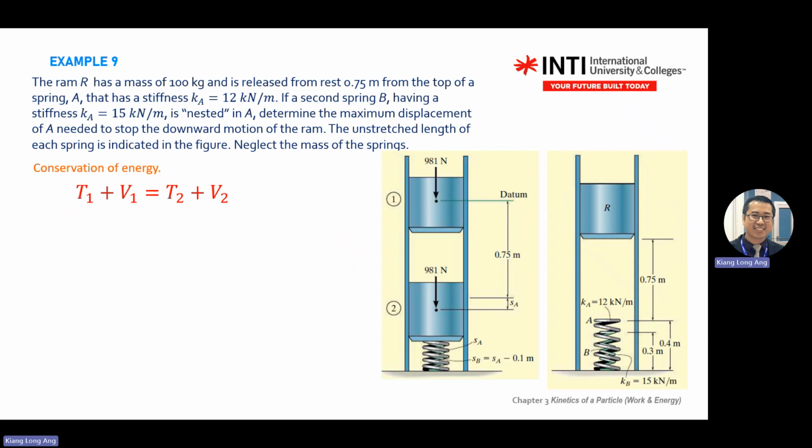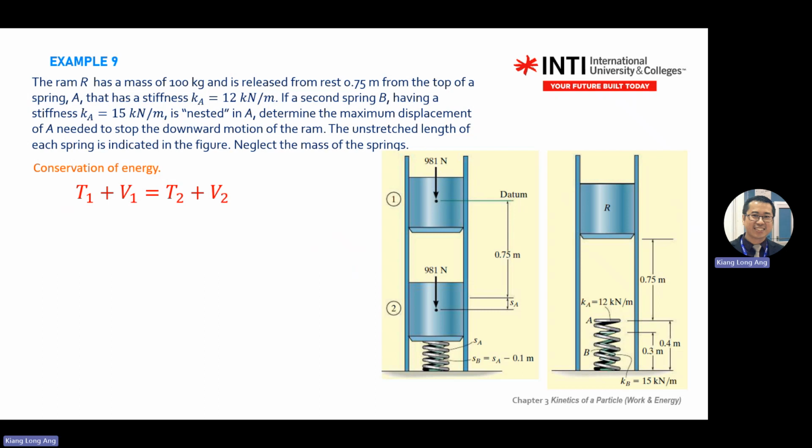Simple answer is you're not given a friction coefficient. There's no friction there. Friction is not considered in this question. He did not give you friction between the slider here. So you don't need to consider the non-conservative parts.